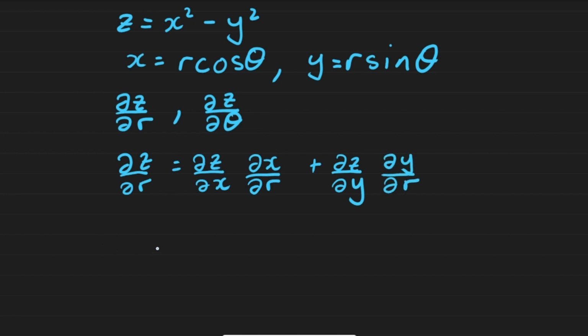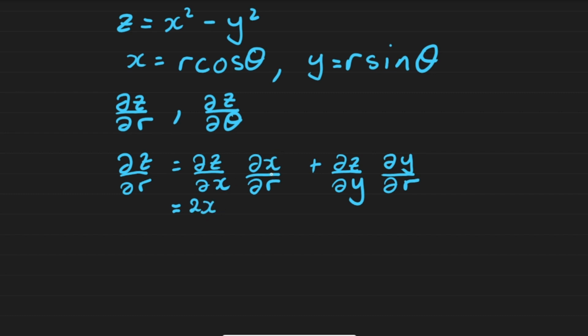So let's do this first before we go on to theta. So ∂z/∂x, if we look at our equation, we take y as a constant, so that becomes 0. So this is equal to 2x.